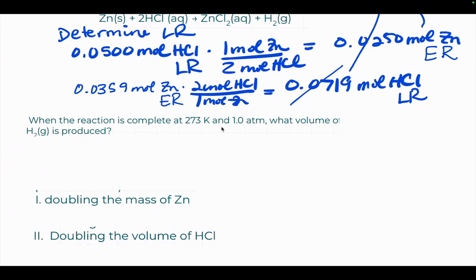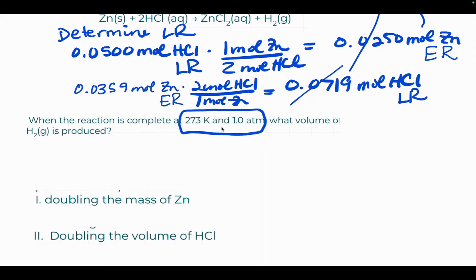And they are giving us STP, standard temperature and pressure. So because of that, we can assume that 1 mole of any gas is going to occupy 22.4 liters of space. You could also calculate just the moles of hydrogen and then plug into PV equals nRT using those values, but I like to do it with stoichiometry.